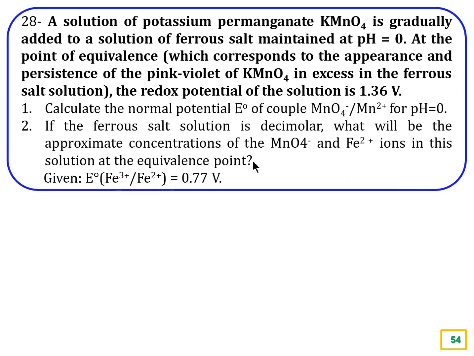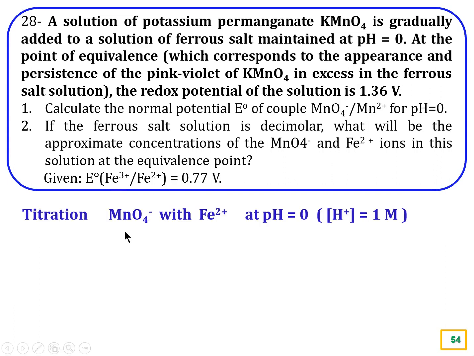Exercise 28: a solution of KMnO4 is added to a ferrous solution at pH equals 0. At the equivalence point, the redox potential of the solution is 1.36 volt. Given E0 of Fe3+/Fe2+, we want to calculate E0 of the couple MnO4-/Mn2+.